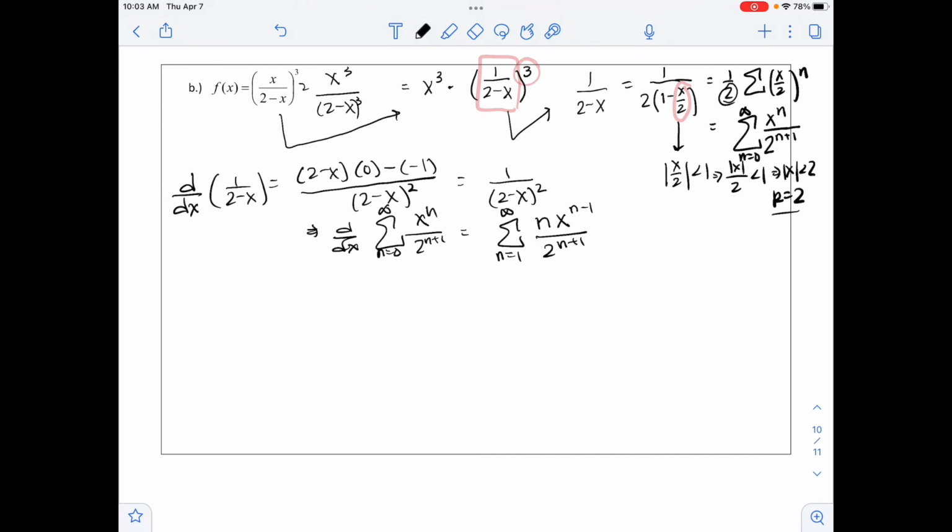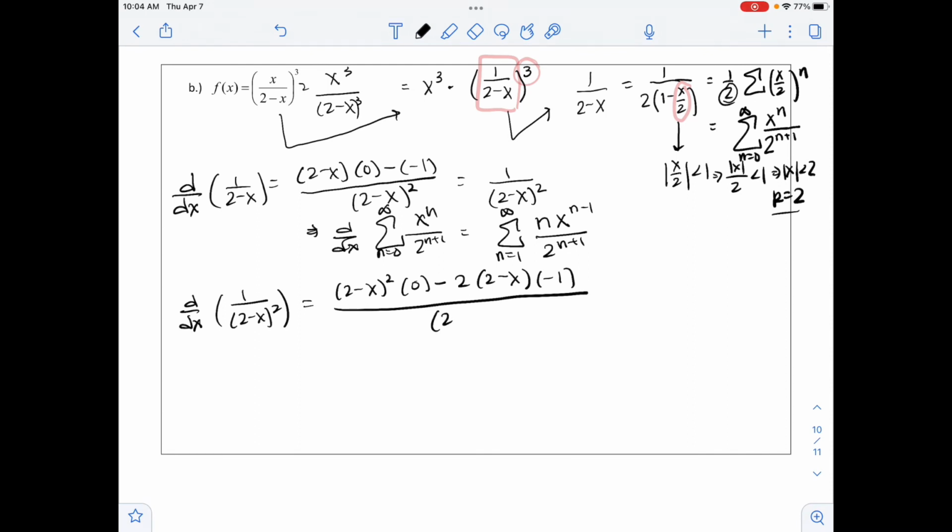So we are almost at what we would like. Our denominator needs to be raised to the third power. Right now it's raised to the second. So I'm going to go ahead and take the derivative again, but this time of 1 over 2 minus x squared. And so we would have 2 minus x squared times 0, and again, this is using the quotient rule, minus the top, which is 1, times the derivative of the denominator, which is going to be 2 times 2 minus x to the first, times the derivative of the inside, which would be -1, all over 2 minus x to the fourth power.